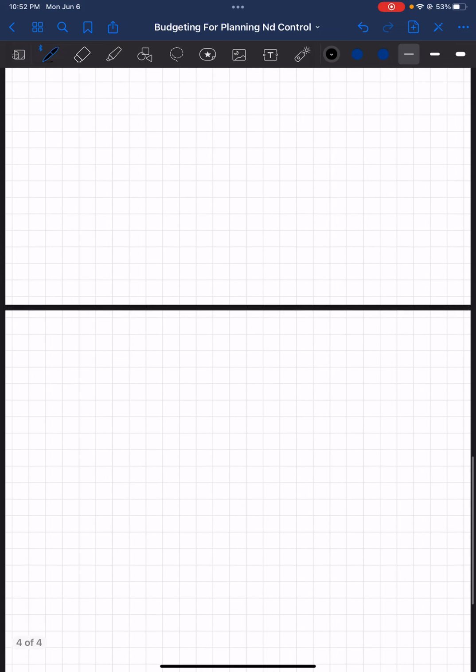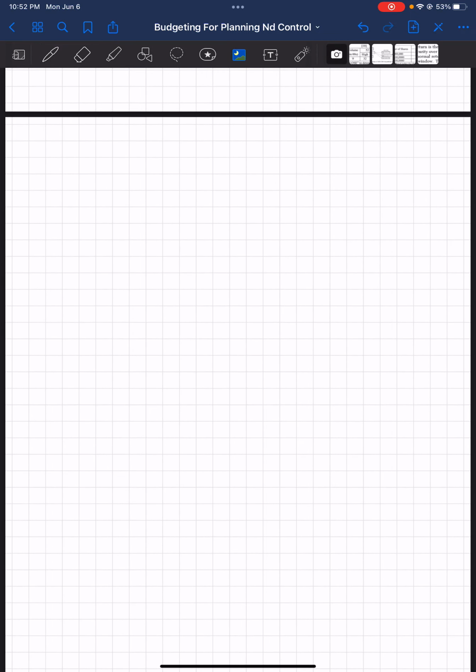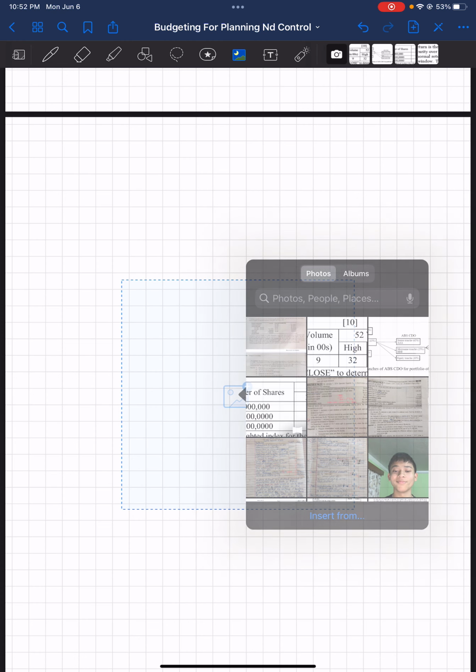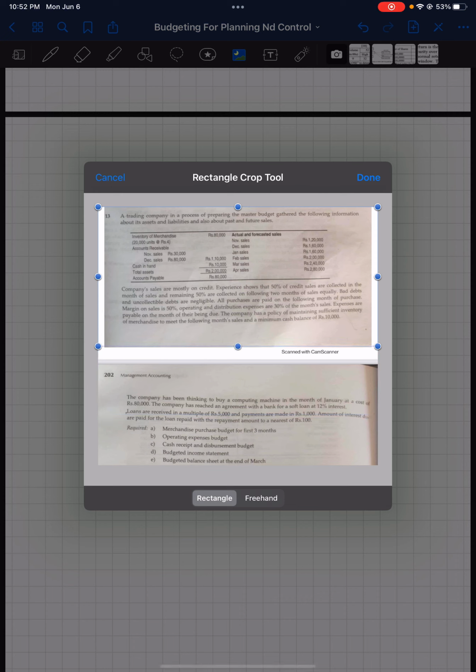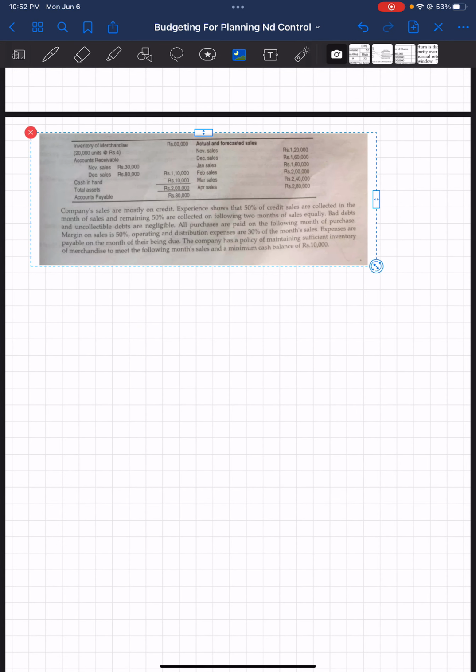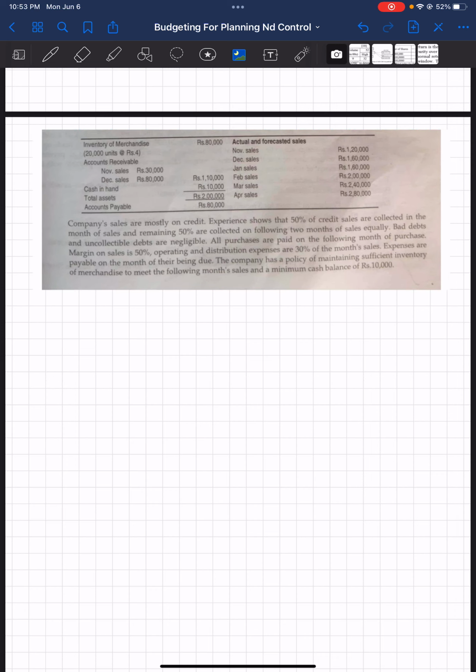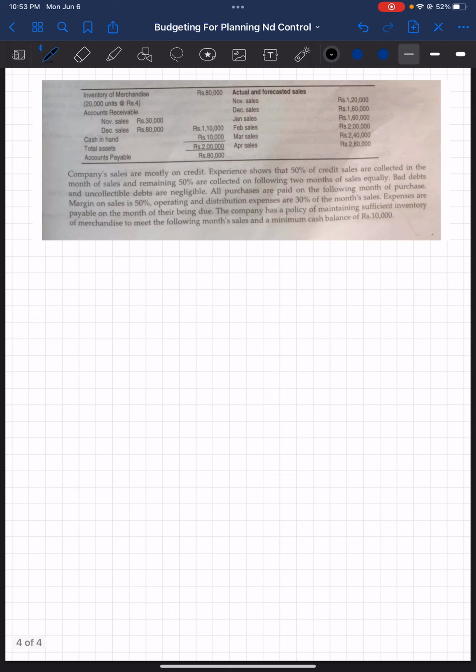Let's have the part of the question over here to prepare the merchandise purchase cash collection. I think the information up to here would be good enough for us. Okay, as a working note, we prepare working note 1. This will be cash collection from the sales budget.